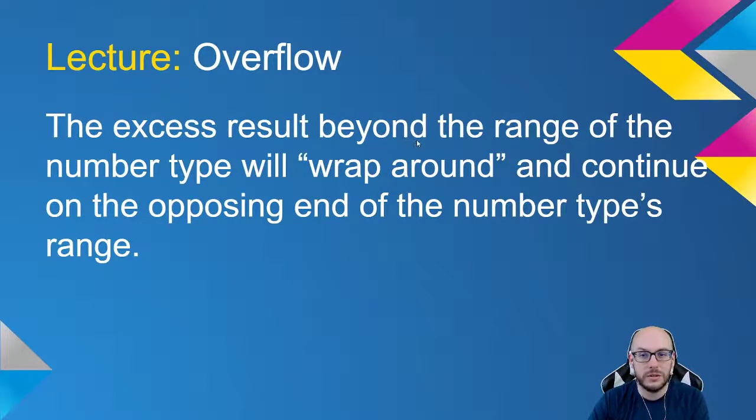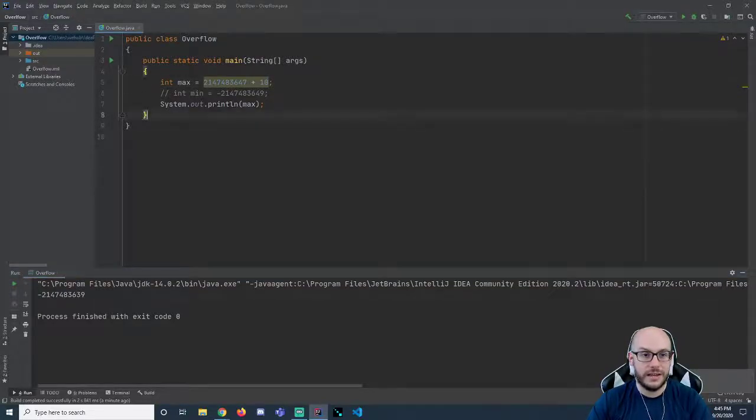The excess result beyond the range of the number type will wrap around and continue on the opposing end of that number type's range. So if I'm at the max value of my integer and I try to go over it, what's going to happen is that we wrap around to the negative side. That is overflow. Now, if we were at the negative side and we tried to go even further negative, we're going to go back around to the positive side. Let's demonstrate that. I'm going to comment this out.